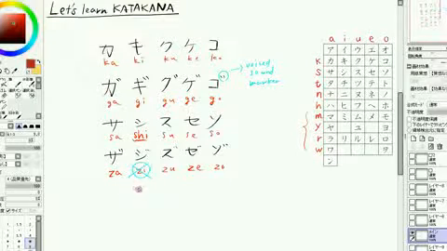In the Roman alphabet we usually write this as ji. It's j, because this one is not si, it's shi. So that means the voiced sound should not be zi, it should be ji. You understand? So please be careful. Now, the Z sounds are okay.